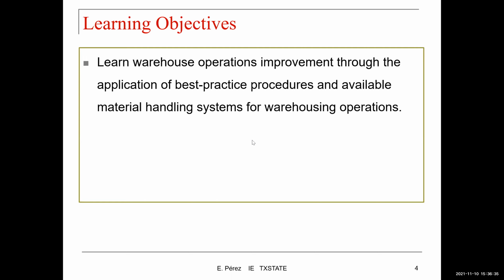If you have a product that is moving a lot in terms of going in and out of your facility or warehouse, you want to make sure that you accommodate that product close to the door or the shipping door. But if you have a product that is not moving as often, then you can place that product maybe at a far location from the door. And we're going to look at those types of models.